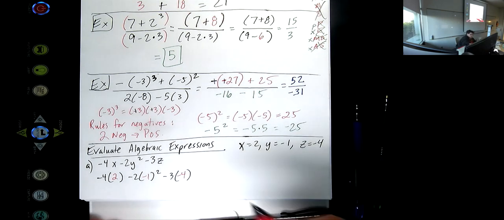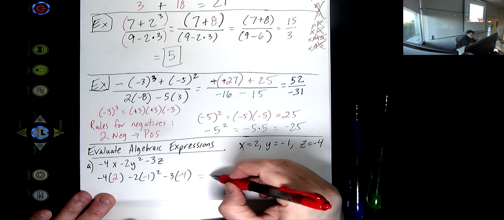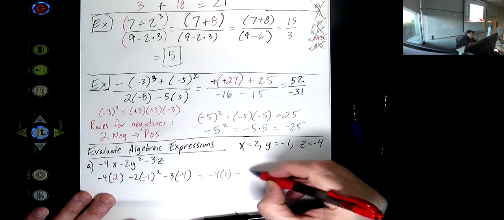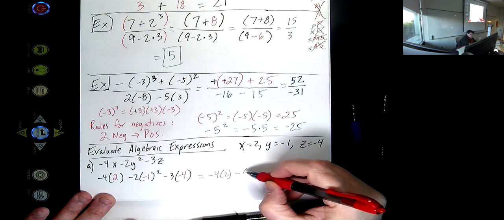So here I've got -4 times 2. I'm going to do the exponents first. -1 squared is +1.